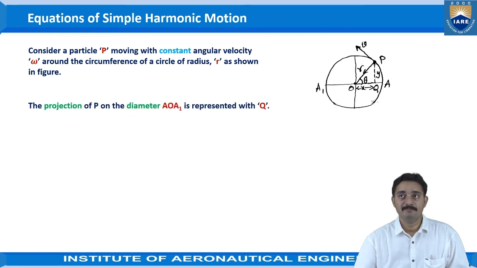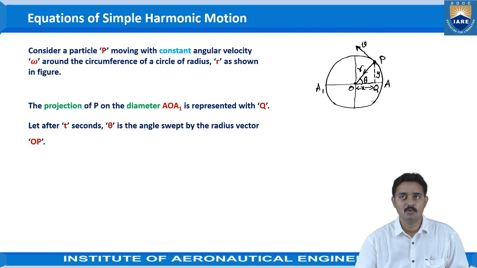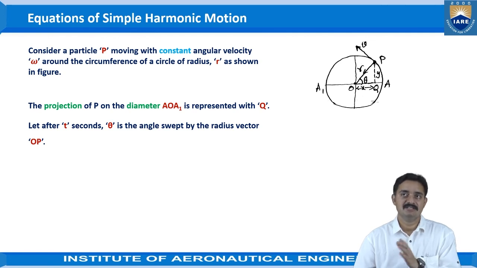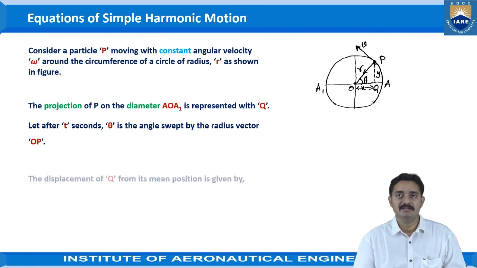The projection of P, which is Q as shown here, on the diameter AOA1 is represented with Q. Let after t seconds, theta be the angle swept by the radius vector OP. You can consider the figure, and for each and every step that we are doing, refer to the figure here.